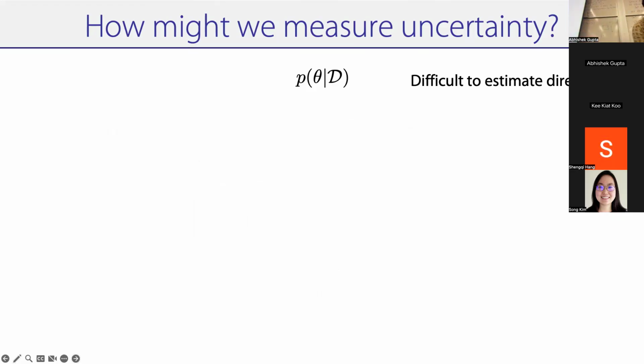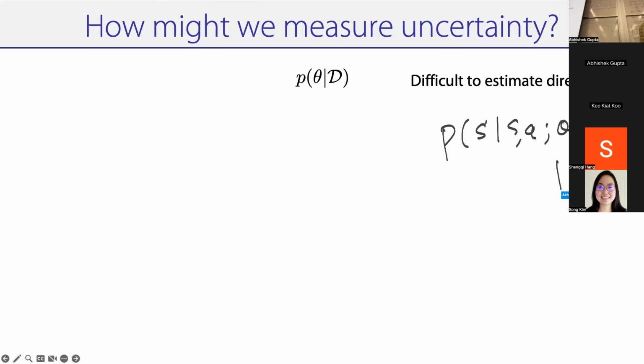Let's say I had a model, P theta of S prime given S, A. This gives me the likelihood. Or maybe an easier way to write this is P of S prime given S, A, theta.